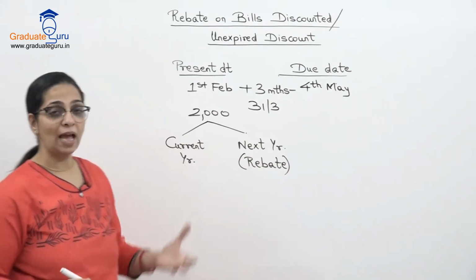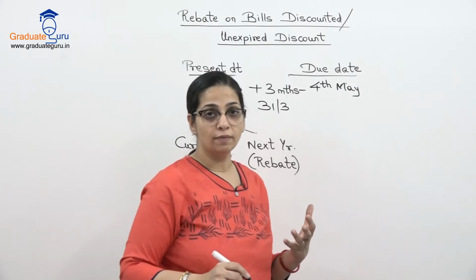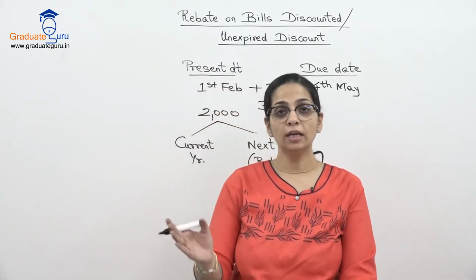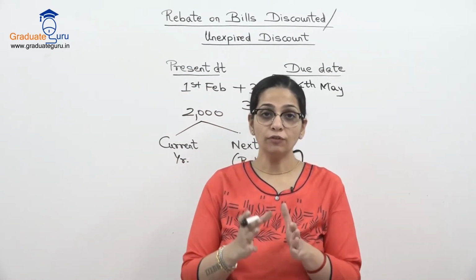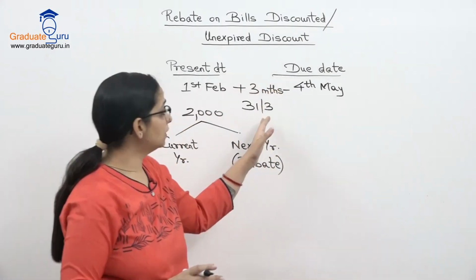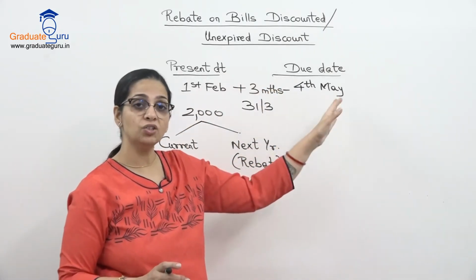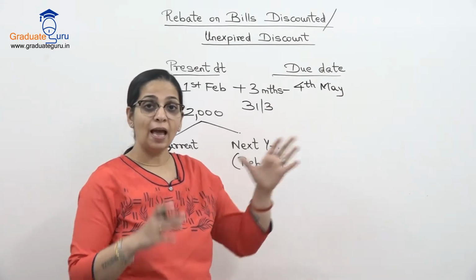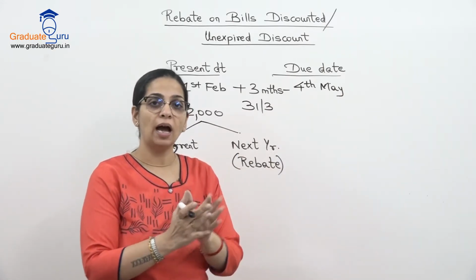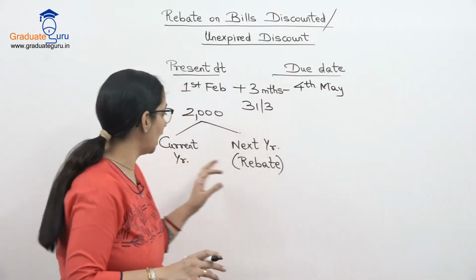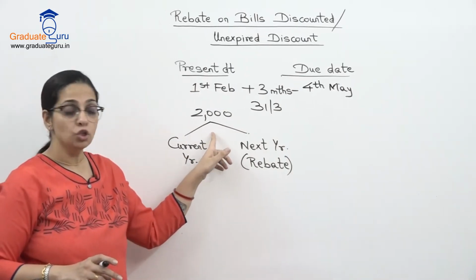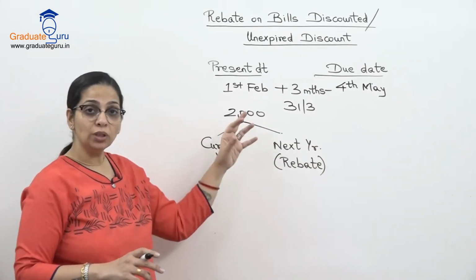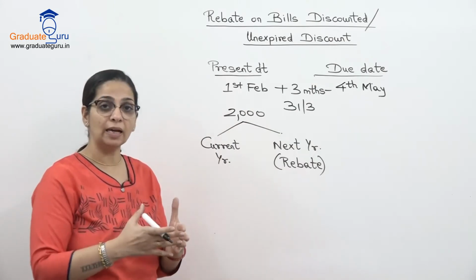So for this calculation, I need to know that when is my due date in the next year. So 31st March के बाद कितने दिन हैं जो कि next year में आ रहे हैं, and उतने दिन का discount I have to proportionately subtract from 2,000. So in the current year 2,000 पूरा income नहीं दिखाया जाएगा.